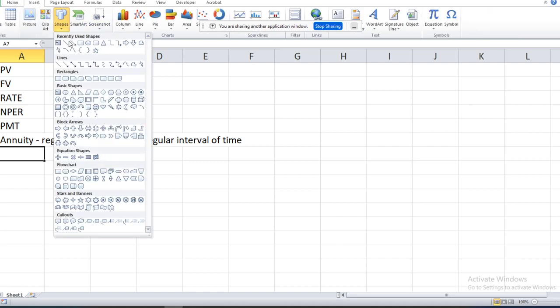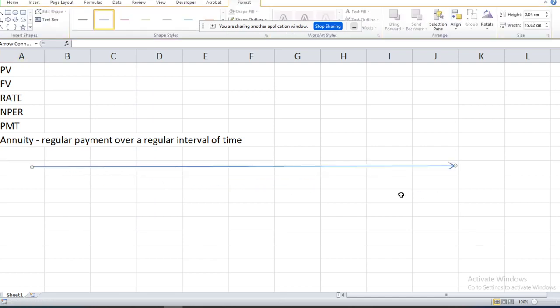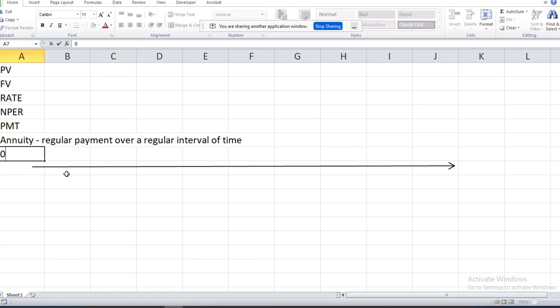Let me take a minute to start drawing here. Let's say we have a timeline on Excel like this. And let's say this is time 0. This is 1 year later, 2 years later, 3 years later, 4 years later, and so on. Okay, and to represent an annuity, to represent a regular payment, maybe you are buying an investment that will promise you a regular payment for the next 4 years.